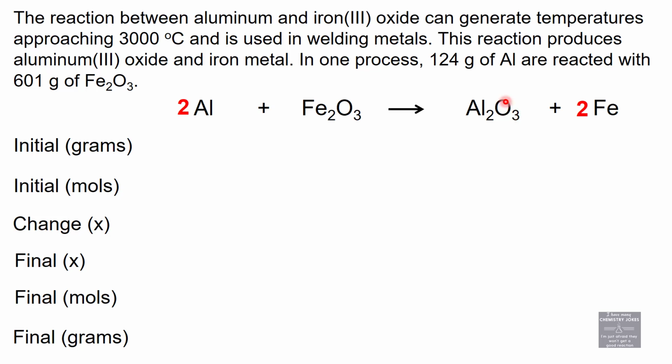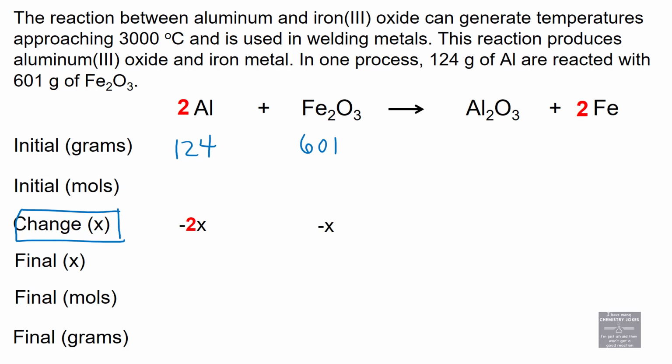So we could walk through this whole thing and say 124 grams of this and 601 grams of that, but we're not going to walk through the whole thing right now. The reason I bring it up is because in this X row, you have to take into account coefficients. So you're going to lose 2X under your aluminum row.